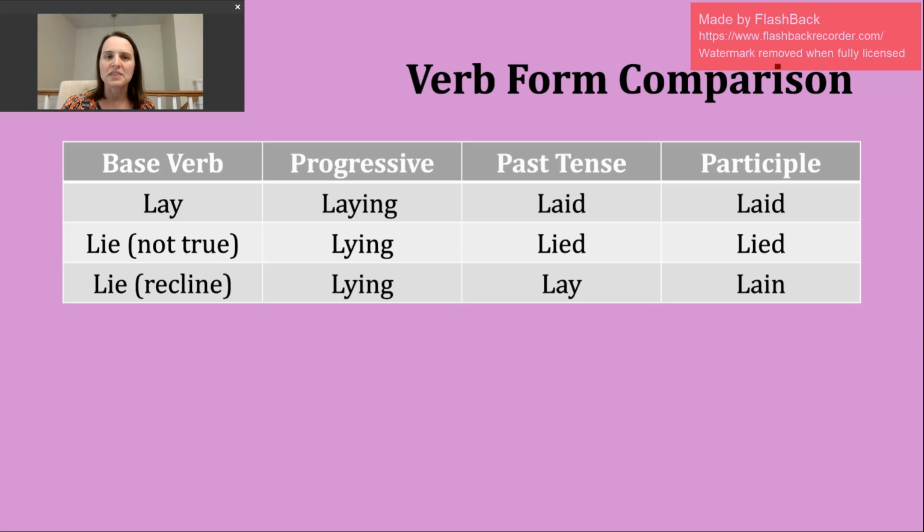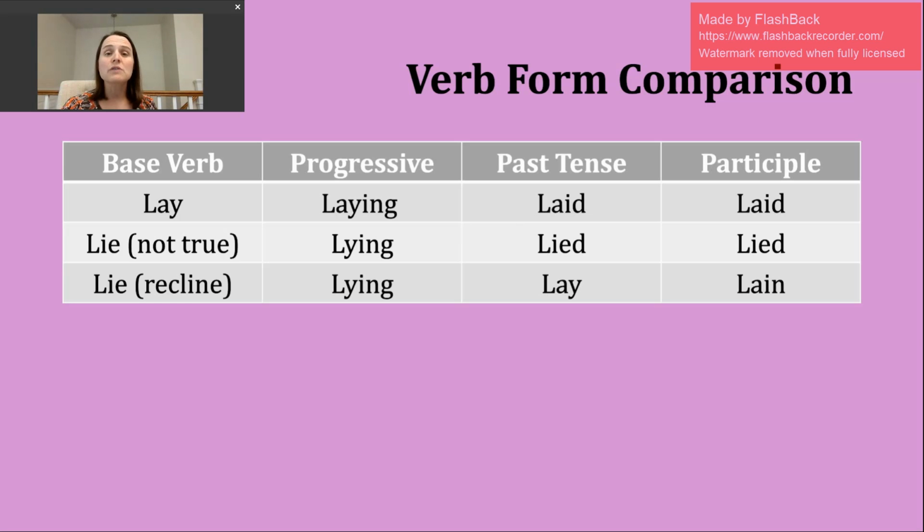I've made that note there. If that's the way we're using the verb, then we're going to make the progressive form by dropping the IE, changing that to a Y, and then adding ing. The past tense form is regular, so we're just adding a D here. And since it's a regular verb, the participle will be the same.